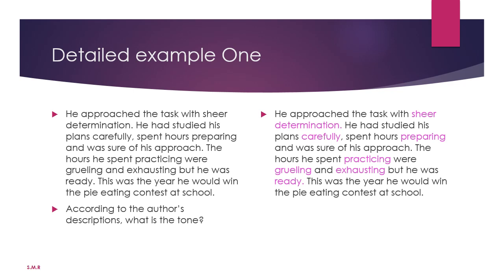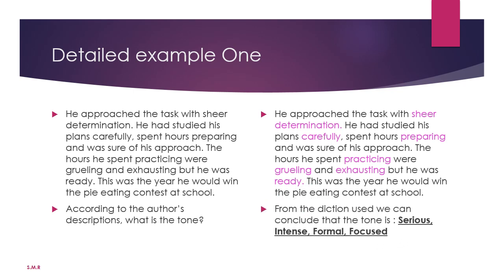He used carefully, preparing, practicing, grueling, exhausting, ready. All these words show persistence. All these words show hard work. All these words focus on being serious, being formal, being focused. So the writer's tone in this one is serious, focused, and formal, since he has used the terminology relevant to this tone, and he shows persistence.